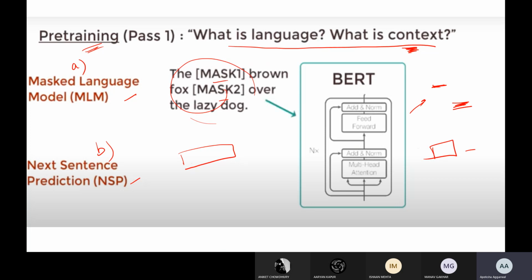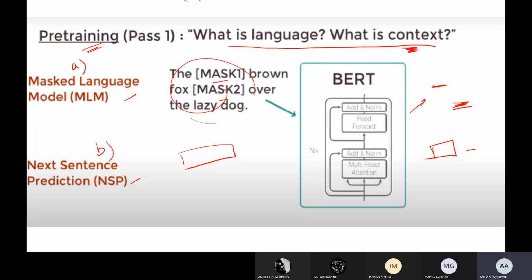First is the masked language model. It will mask out certain words and predict those words to better train the model, and then it will do next sentence prediction. It will take the previous sentence as input and output the next sentence. So these two things it does for pre-training.